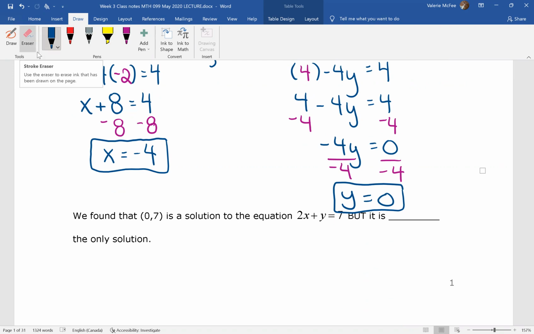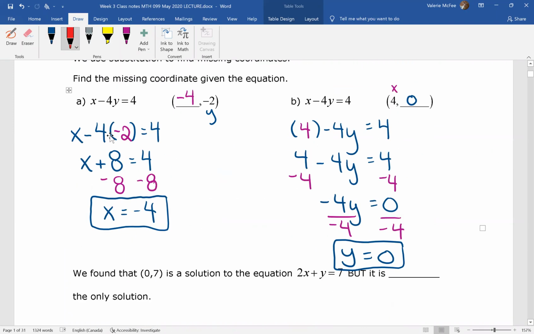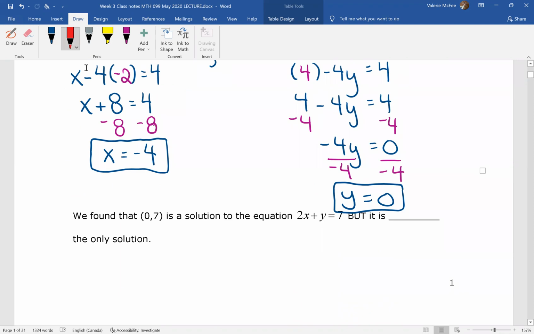Now, if we look back at that first equation that we were talking about, we found that (0, 7) is a solution. But it's important to note this is not the only solution.